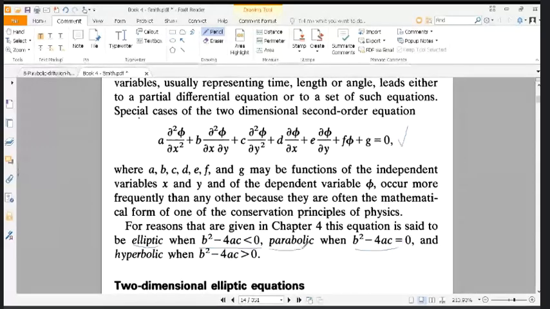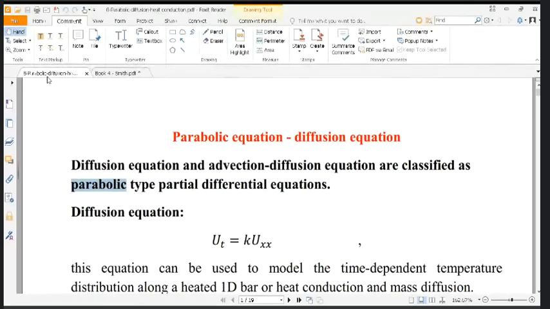And when B² minus 4AC is bigger than 0, this PDE is called hyperbolic. Okay? For this session, we are going to study parabolic equations. The diffusion equation and the advection diffusion equation are classified as parabolic type PDEs.